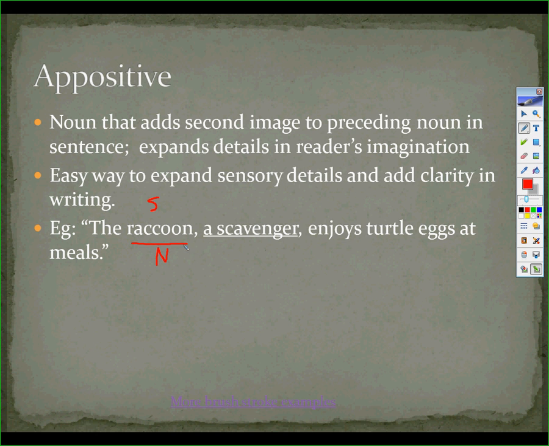So, noun, comma. Well, I need to rename this noun to give more information, to expand sensory details, or to give you some new information. So let's rename that noun. Well, I'm going to rename it as a scavenger. Notice scavenger is a noun.